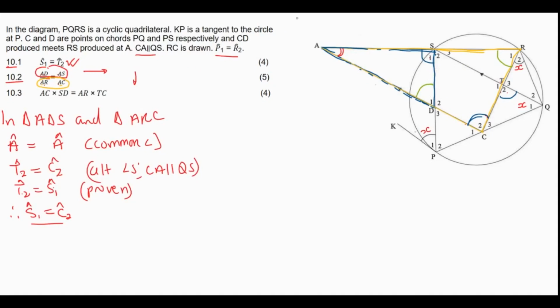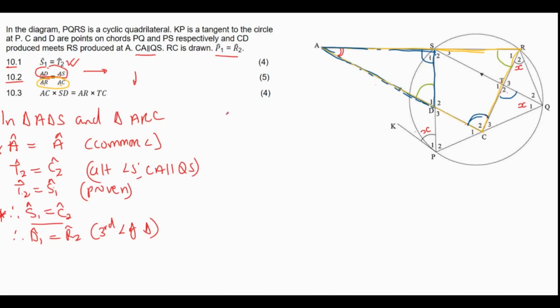So we can say therefore angle D1 is equal to angle R2. Okay, you can say third angle of triangle, or you can say sum of angles in a triangle. But this is just enough to prove that this pair and this pair are equal. Just enough to prove that the two triangles are similar. And then now, what can you say from here?